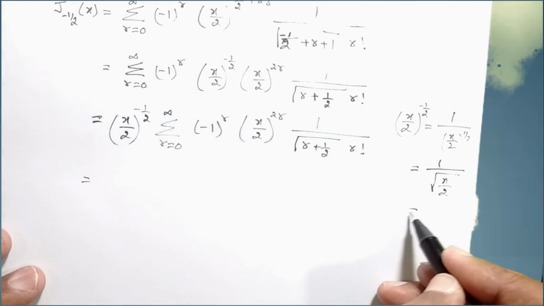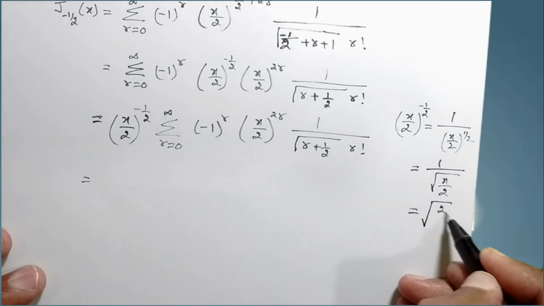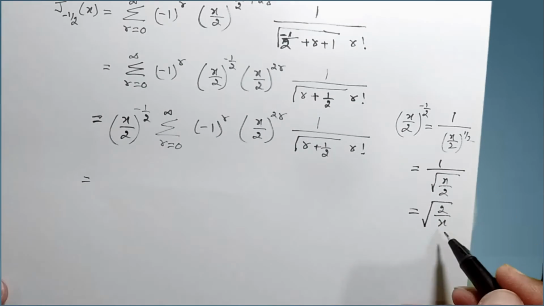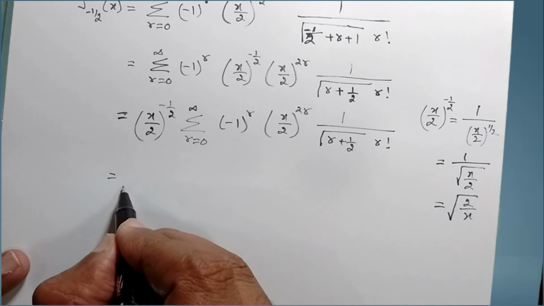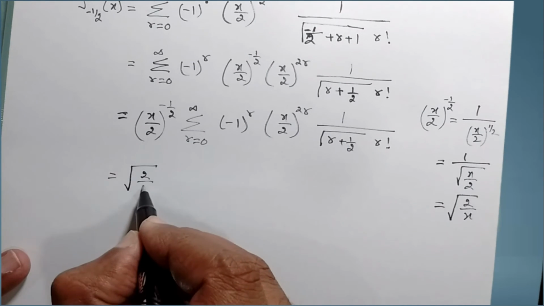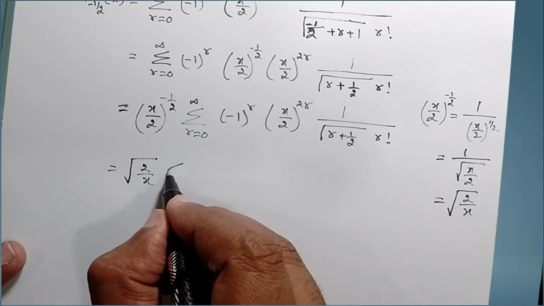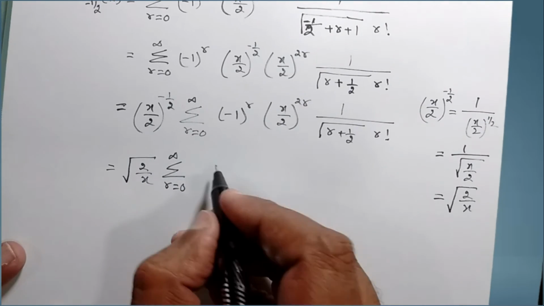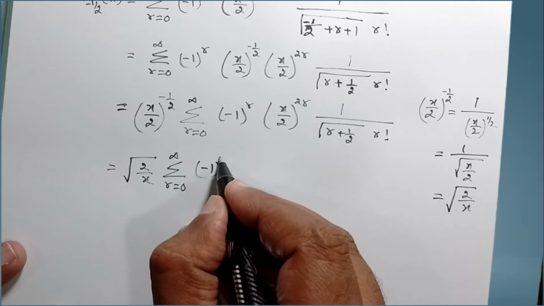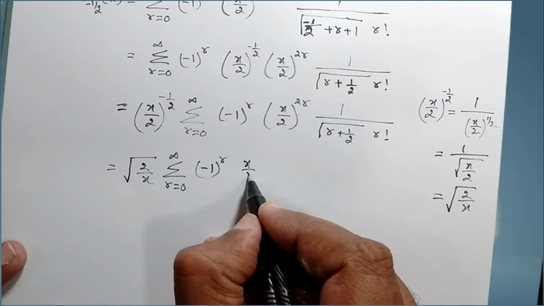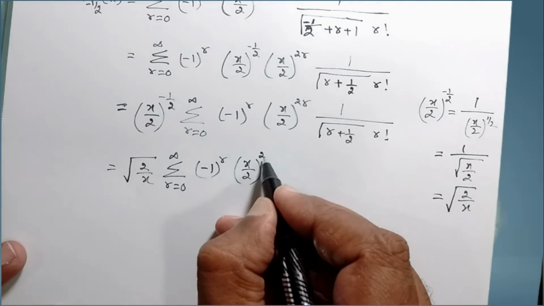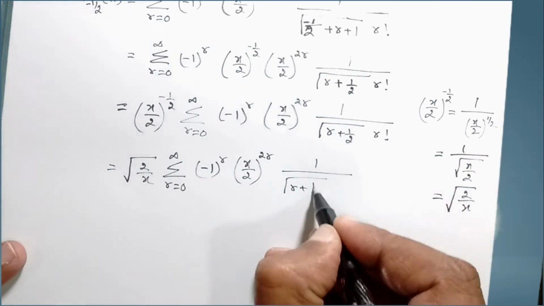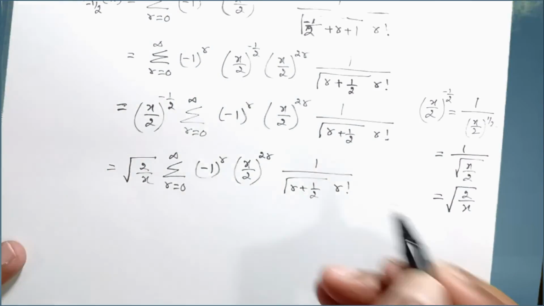Or if I take the reciprocal, can I write this as square root of 2 by x? It becomes square root and reciprocal 2 by x. So here you can write square root of 2 by x into summation of r is equal to 0 to infinity, minus 1 power of r into x by 2 to the power of 2r into 1 by gamma of r plus half into r factorial.